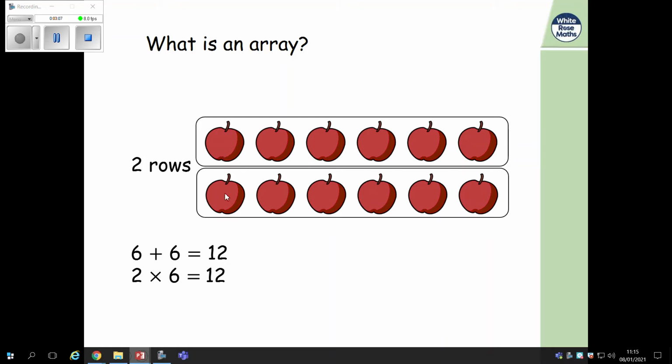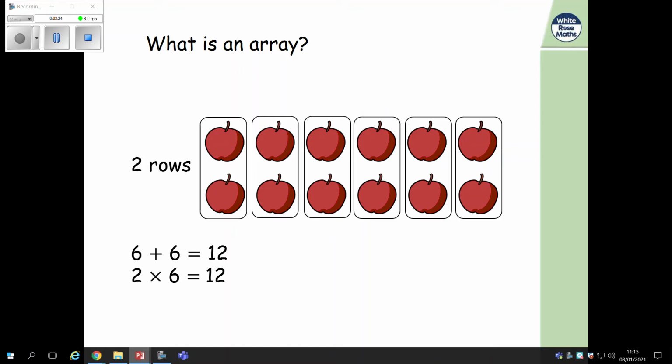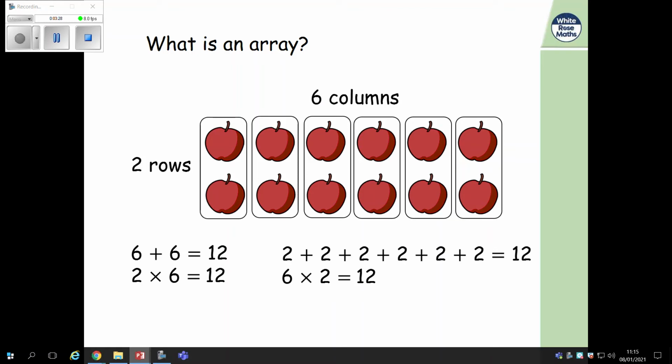Also the multiplication, there are 2 lots of 6 equals 12. So now we're going to be looking at the columns, which is another way which you could have written your number sentence. So there's 1, 2, 3, 4, 5, 6 lots of 2. And there's your repeated addition sentence.